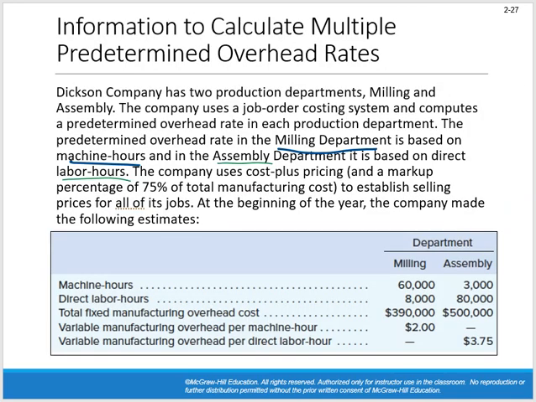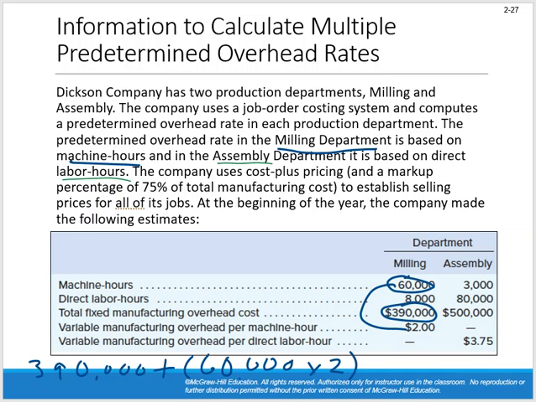Let's take a look. So for the milling department, we're going to take this $3.90 right here, plus we're taking 60,000 machine hours times $2.